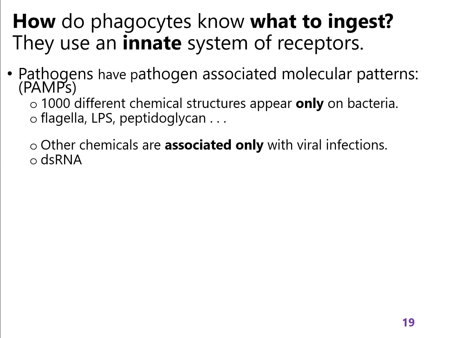Others only happen in viruses, like double-stranded RNA. If any RNA virus wants to replicate inside that cell, there has to be double-stranded RNA. And that's a dead giveaway that there's something terrible happening in that cell. So if our own cells can detect lipopolysaccharide or peptidoglycan or double-stranded RNA, they know now's the time to respond.